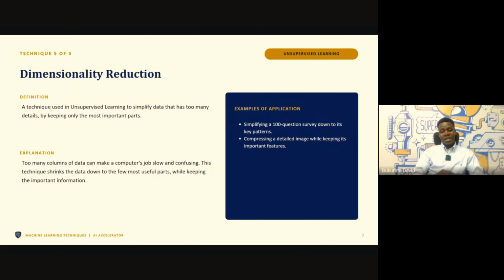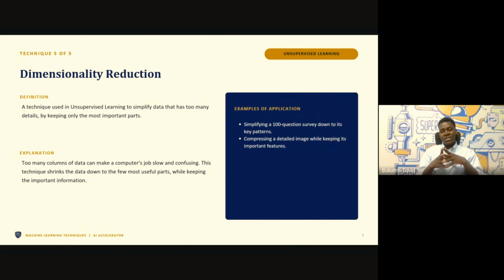And the last technique that we'll be discussing for today is dimensionality reduction. This is a technique that is used in unsupervised learning to simplify data that has too many details by keeping only the most important parts.